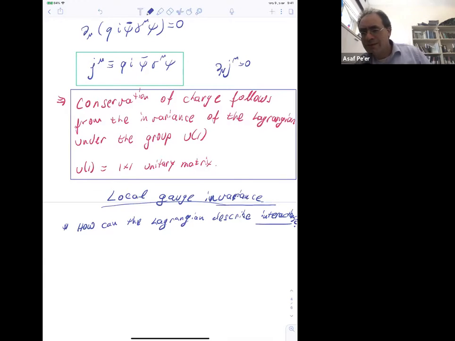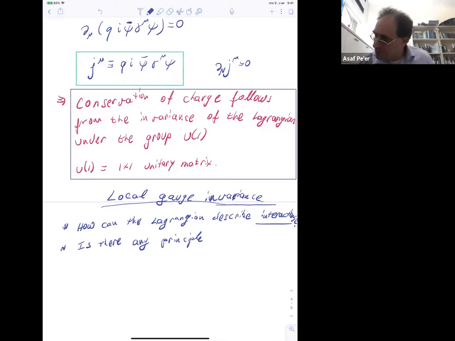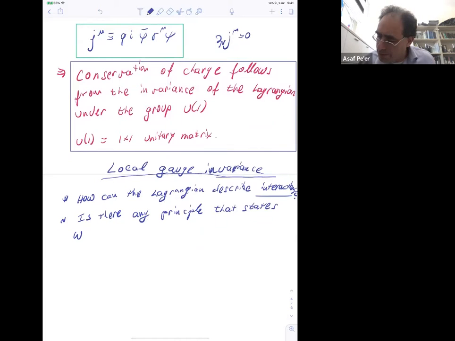Some particles interact via the strong force and some others do not. So the question is, is there any principle that states which interactions can be added or are allowed?